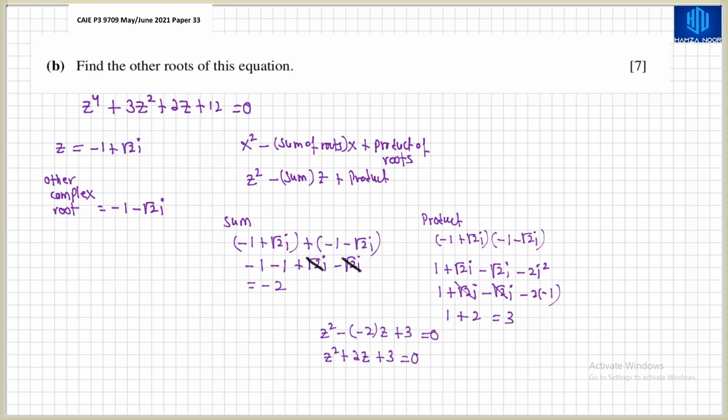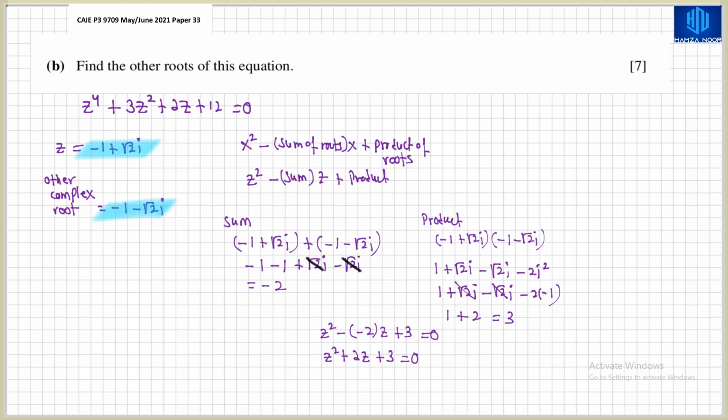When you solve this quadratic equation, you will get these two roots, -1 plus root 2i and -1 minus root 2i. Now, the polynomial given in the question, z raised to the power 4 plus 3z square plus 2z plus 12, when divided by z square plus 2z plus 3, will give us a remainder of 0.